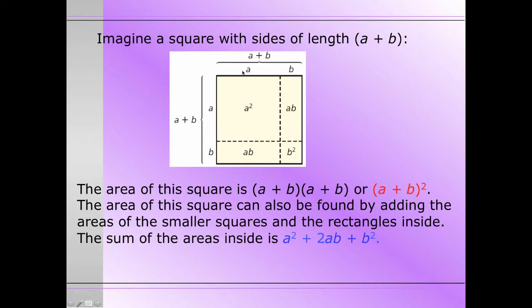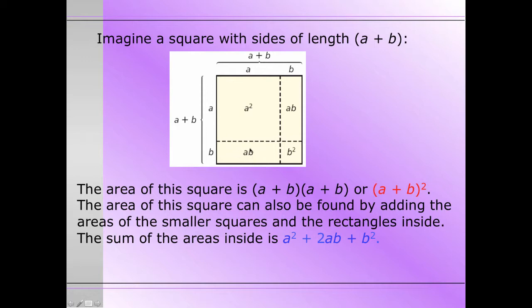So if I were to, kind of like using the box method, look at the area of each of these pieces, well, I break this up so that this is just a side length of A and A, or A squared. This is my b squared down here in this corner, and then I've also got a length of A and a short length of B, so that's AB, and that gives me the same piece here, or AB.